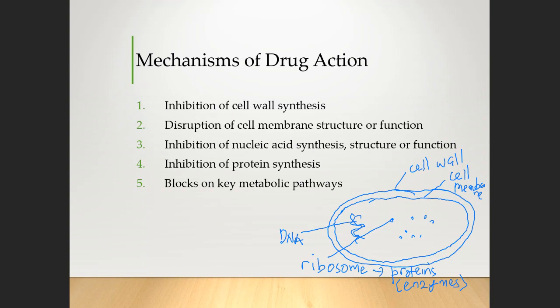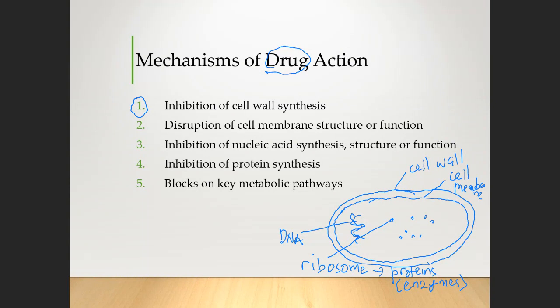Now, this structure will become the target for the drug. So this drug will have its target on this structure. First, the target will be the cell wall, inhibition of cell wall synthesis or destruction of the cell wall.